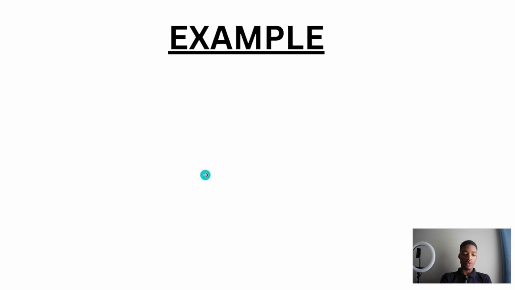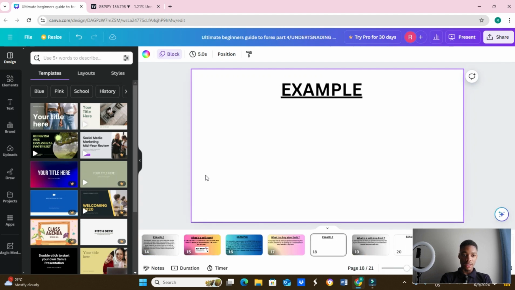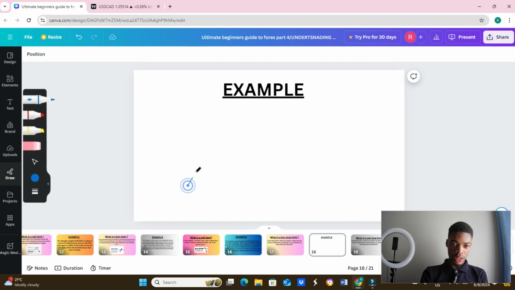So what I'm going to do right here is a drawing of this one to explain it. Alright, so say for instance the market is trending up right here. So we have a market that is making a series of higher highs and higher lows. We're in an uptrend. But I want to enter not at these tops, but when the market is pulled back.